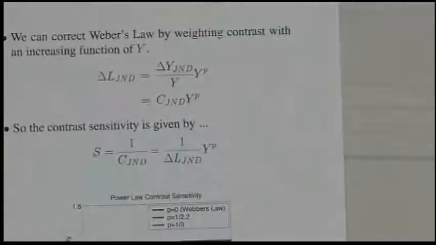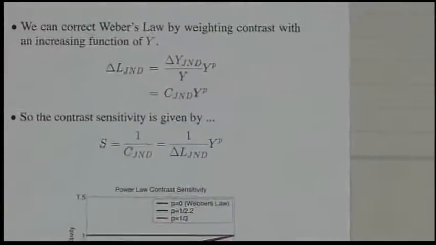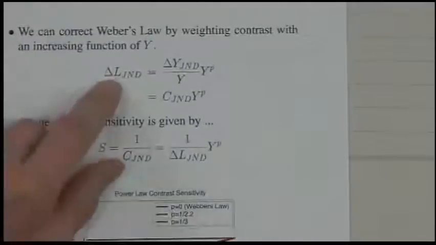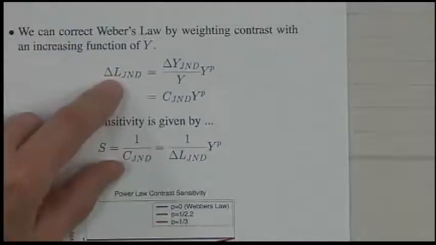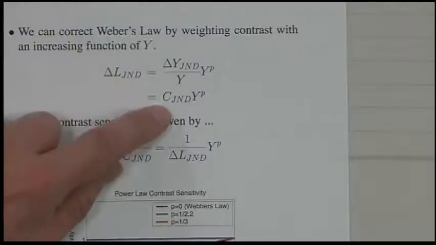Right. Yeah, let me see. I always have to remember how this works. So the delta L has to be, so the just noticeable contrast has to be larger at smaller values of y.